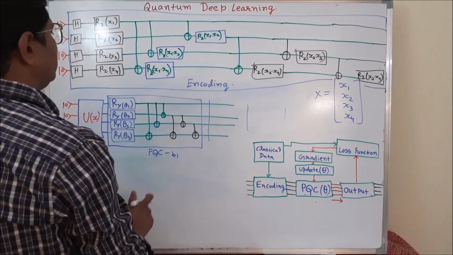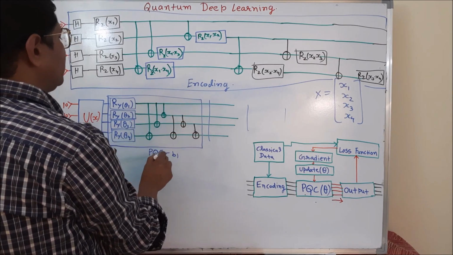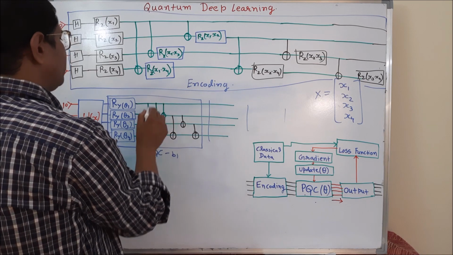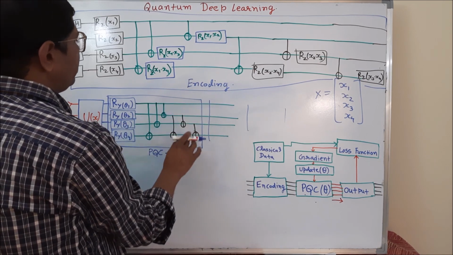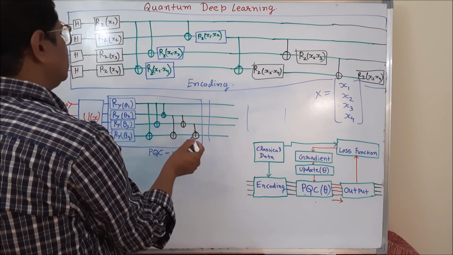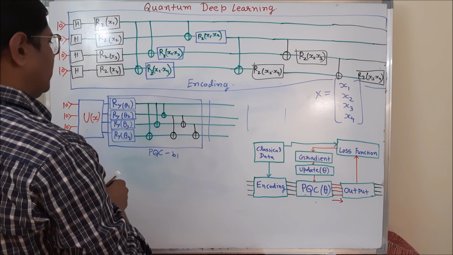Even the way I described the parameterized quantum circuit is a very simple and basic one. You can use all different quantum gates to design a more powerful network here.